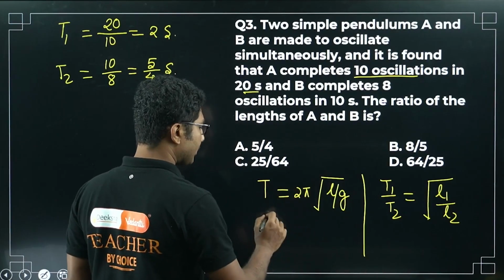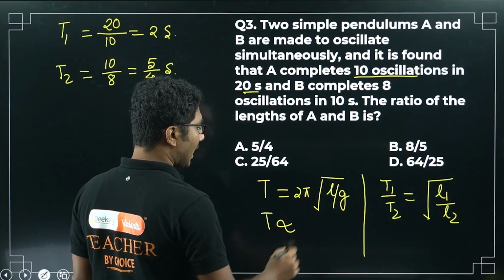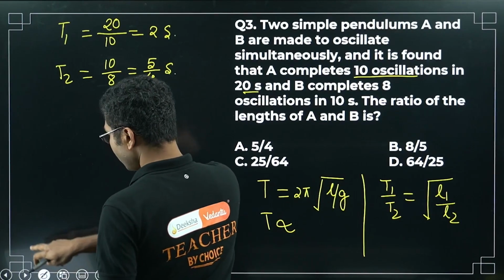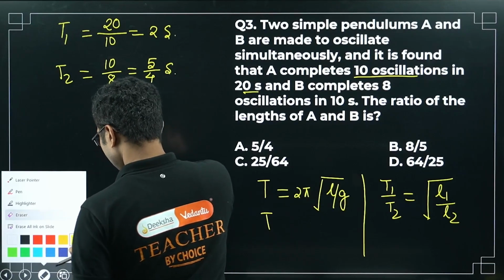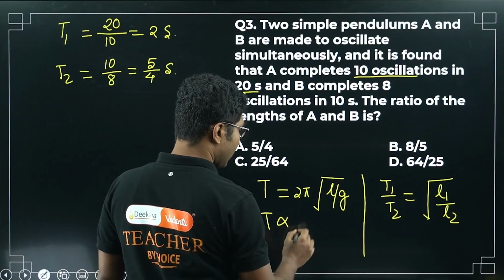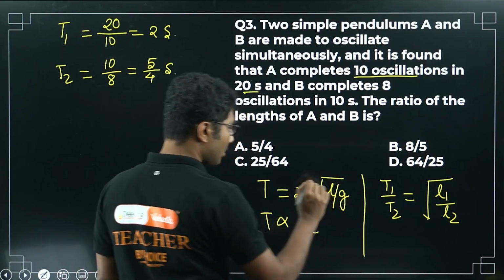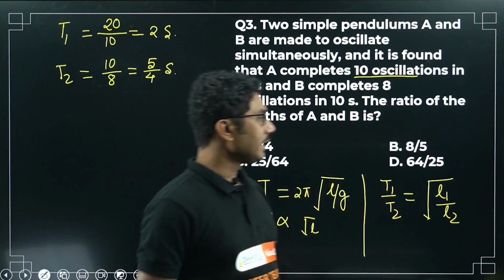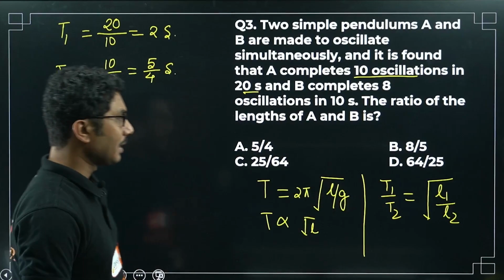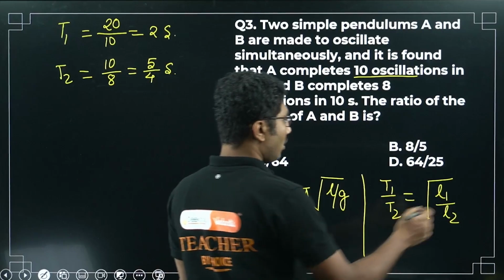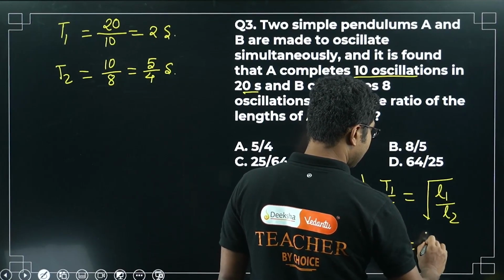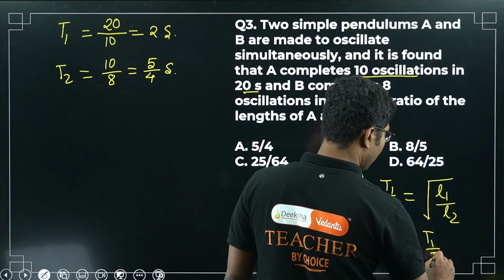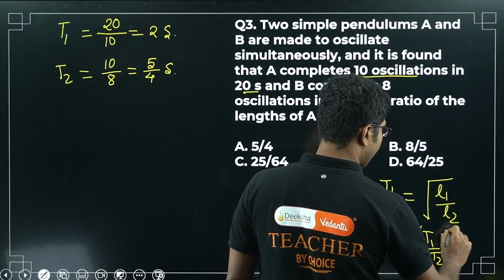So time period is directly proportional to square root of L, right? Rest of them are constant. So from here we can say T1 by T2 is equal to square root of L1 by L2, or L1 by L2 is basically T1 by T2 whole square.